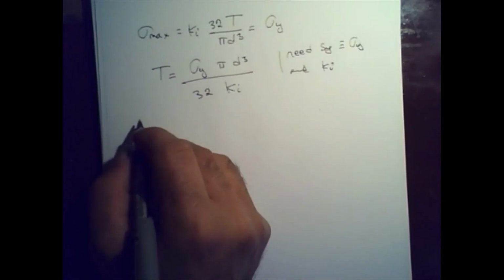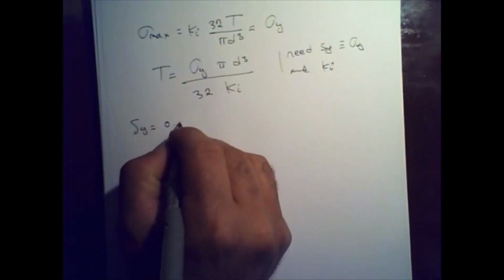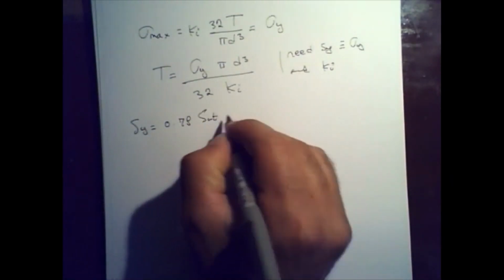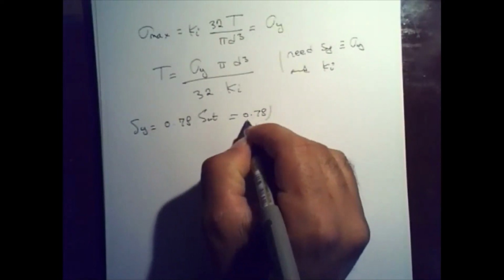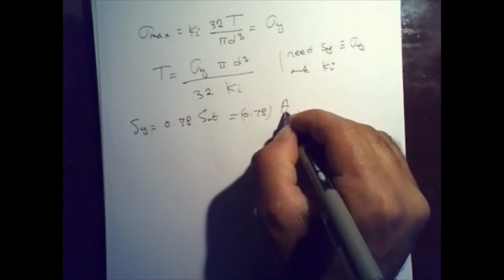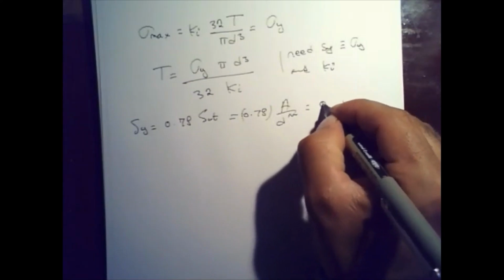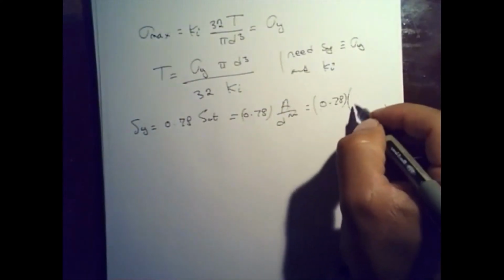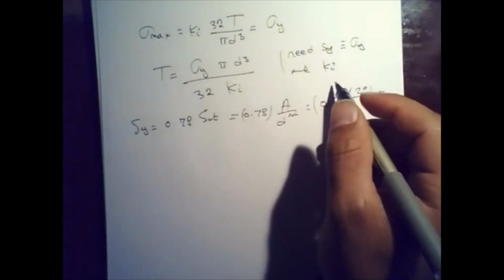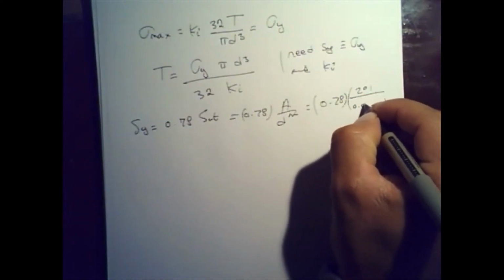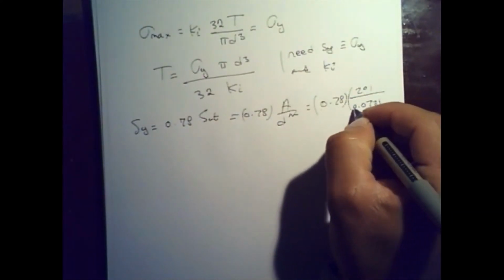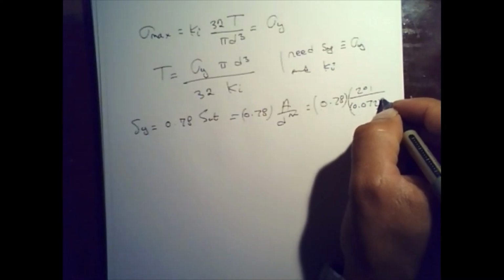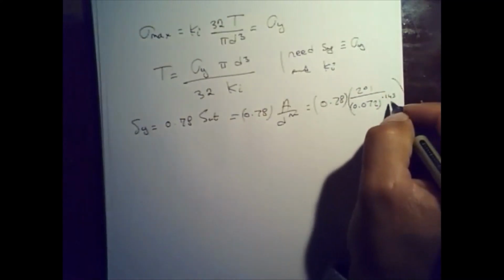We said Sy will be equal to 0.78 SUT, and we know it's a music wire, so SUT is A d to the power m. A is equal to 201, the wire diameter is 0.072, and the exponent is 0.145.